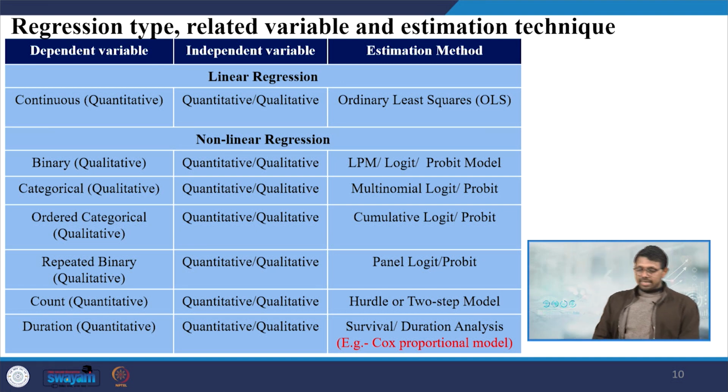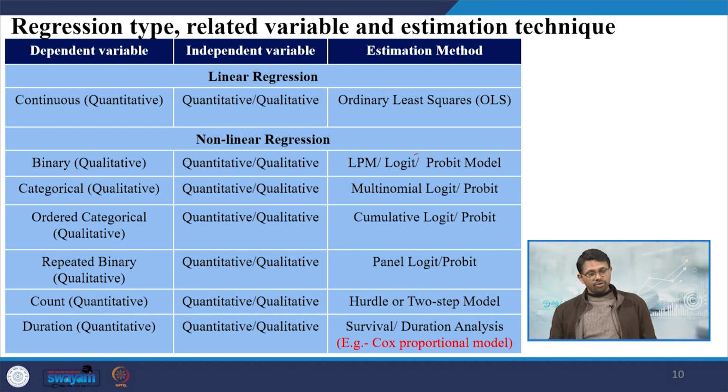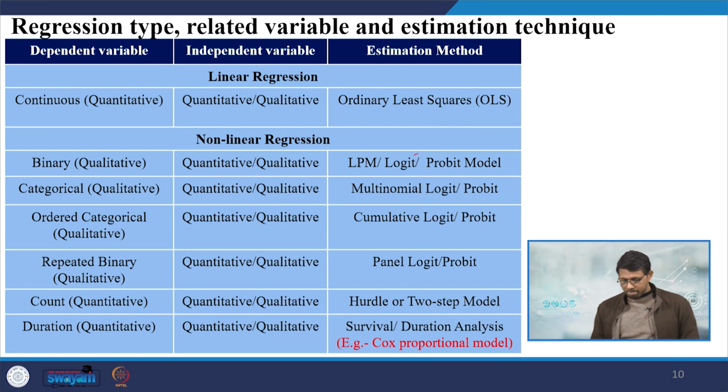So, estimation techniques are suggested differently. When it is binary, the linear probability model (LPM), logit and probit are suggested. Then in some cases, a truncated model is also suggested, depending upon how far it is actually censored.